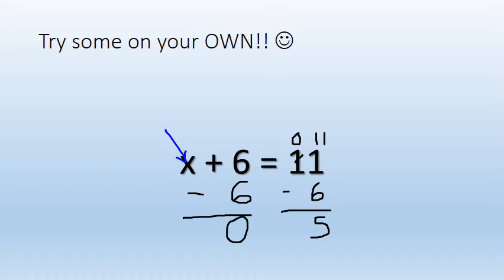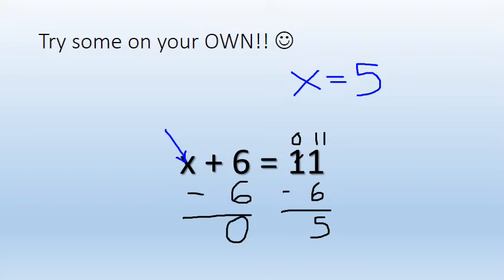Now I'm going to see if you remember that easy step that you should not skip. What is the easy step that you should not skip? Give you a hint. That's right, an easy step that we should not skip is to write down what the variable equals.